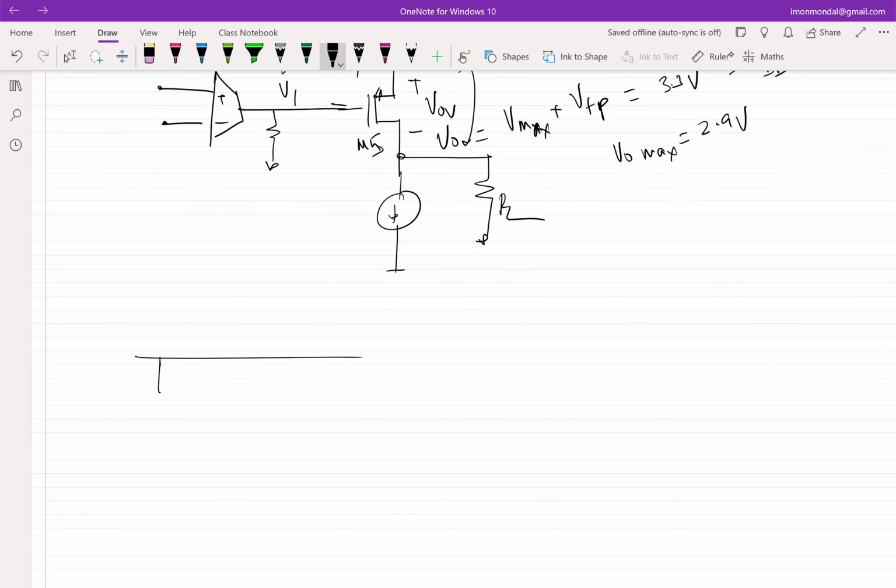Your transistor is nothing but a metal oxide semiconductor, and there is a capacitance because of that oxide, right? So if it's an NMOS, this is P minus. So there is channel charge here. So there is a capacitance between the channel and the gate.